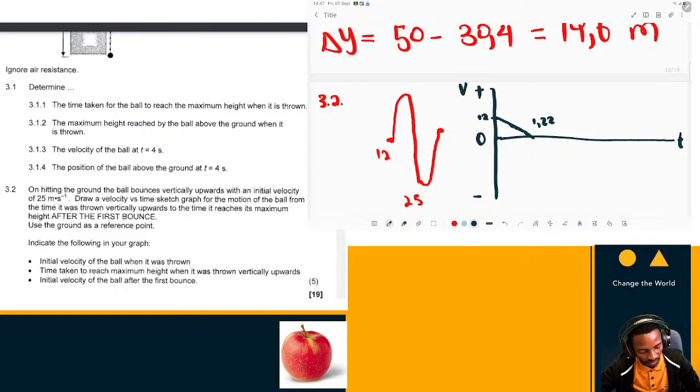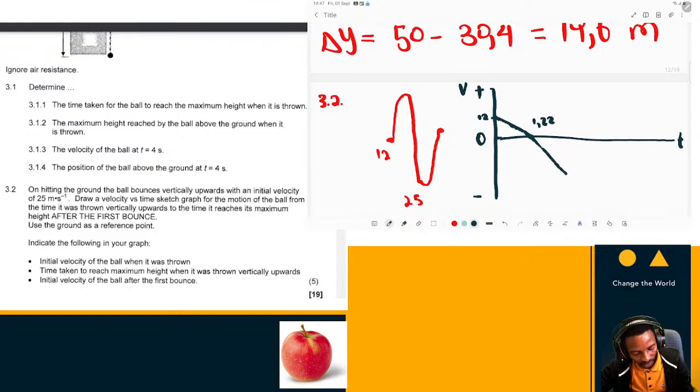Then the ball started to gain momentum, and its velocity started to increase, but now in the opposite direction, because now the ball is moving downward. So the sign of the velocity is going to change from positive to negative.